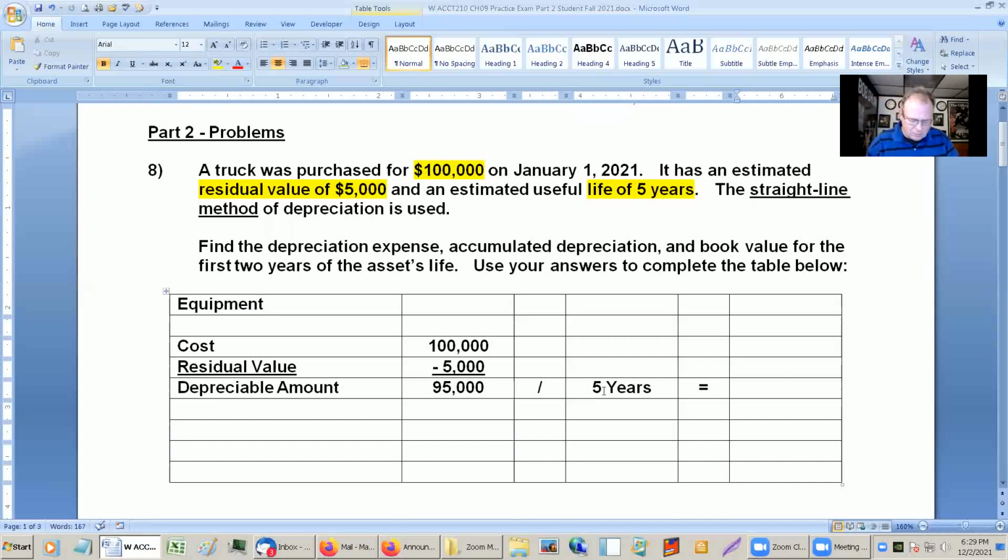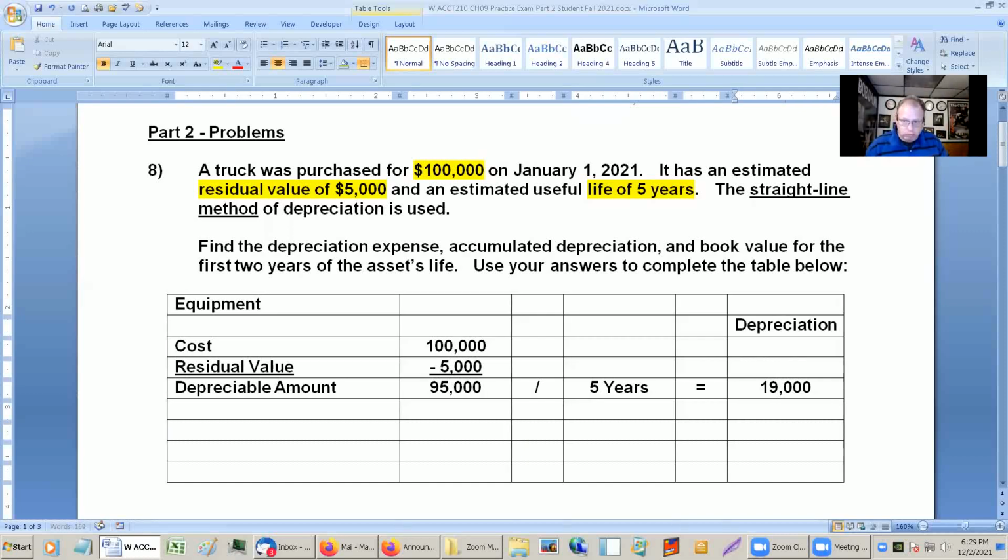That's 19,000. So this is the depreciation expense per year. Every year we're going to depreciate 19,000.